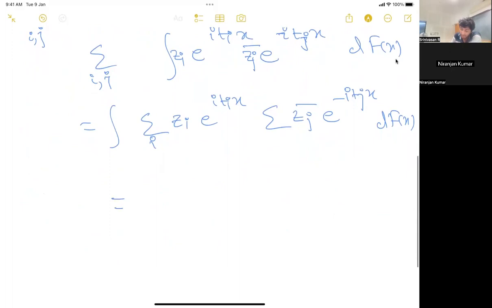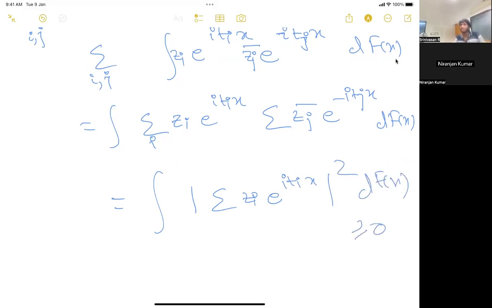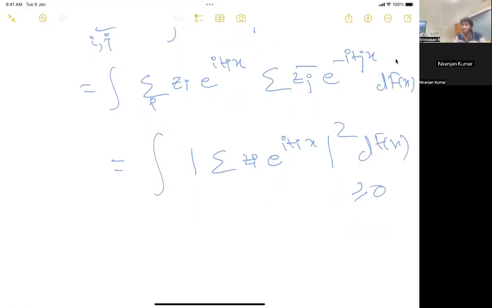So this is in fact equal to the integral of the mod square of the summation of zi e to the I ti x, dF of x, which is greater than or equal to 0. So we have shown that a characteristic function is positive definite, normalized at 0, and continuous.